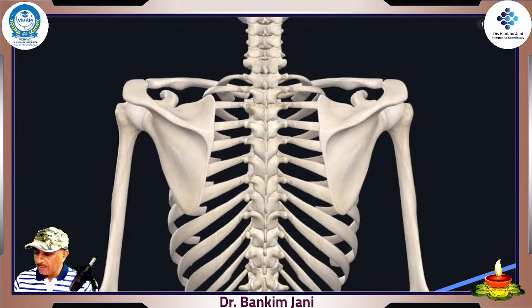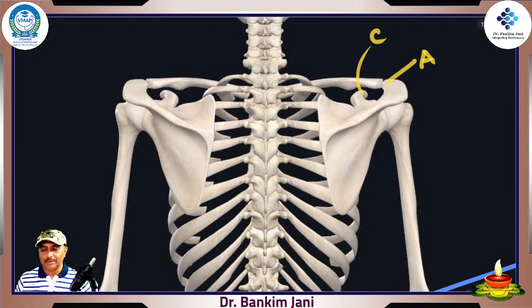We understood that this portion is the acromion process, so I'll just write A. This one, a very shy structure going to the other side, is the clavicle.